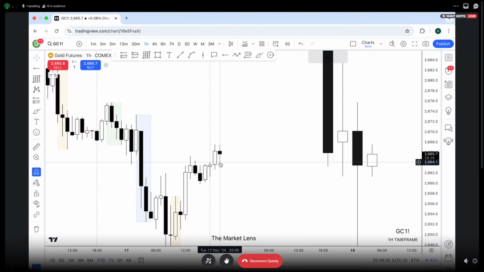I would look for SMT here to trade something like that to these highs. That's how I would approach it, just because I would need more confirmation. Yeah, I want those to get taken out for sure.